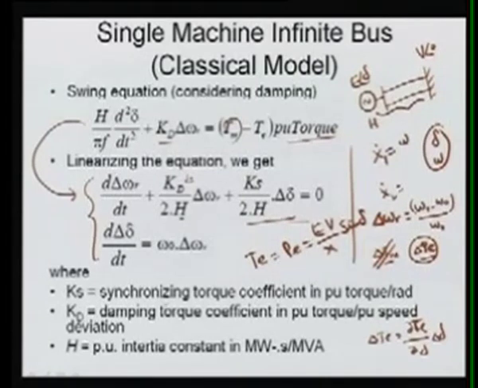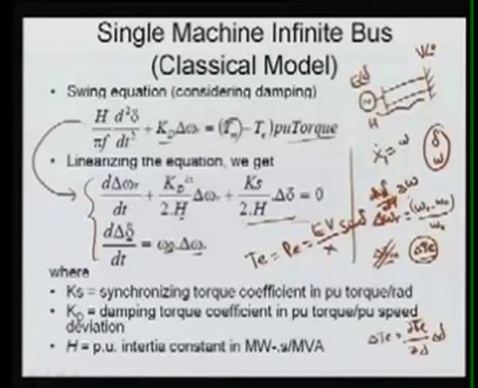So we can write this linear equation. And another linear equation, as I said, x2 dot is nothing but your omega now. X2 is what we are going to get, this d delta upon dt, it's your speed. But we are writing this in per unit and this in radian, so we have to multiply by omega naught to get the radian.